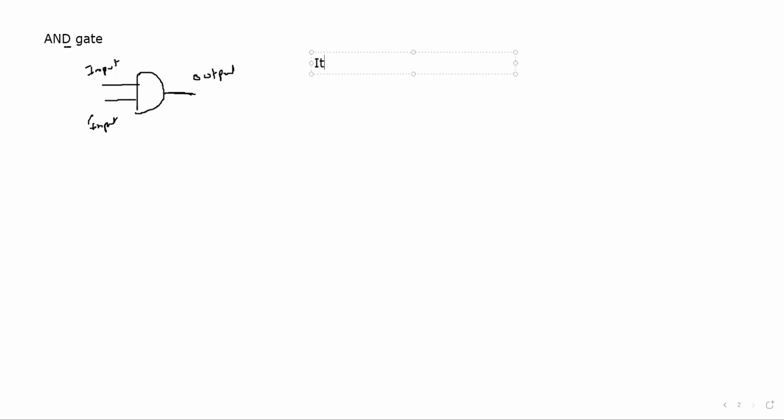So it has two inputs and one output as well.